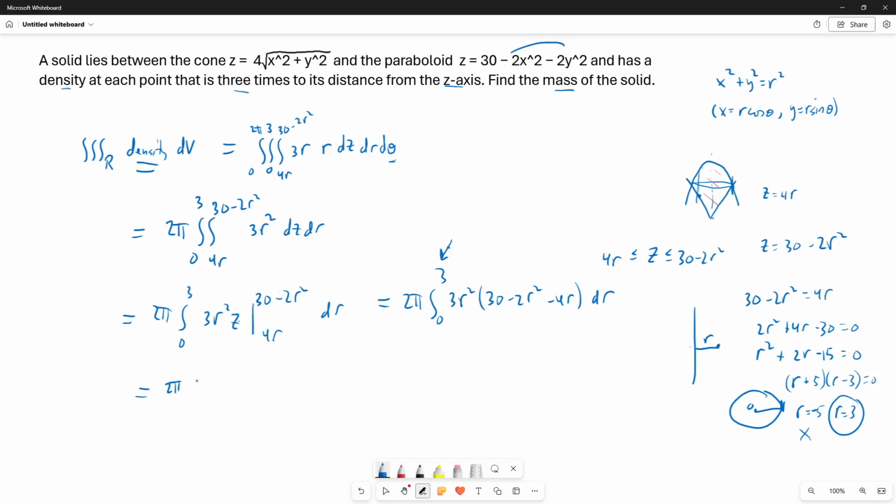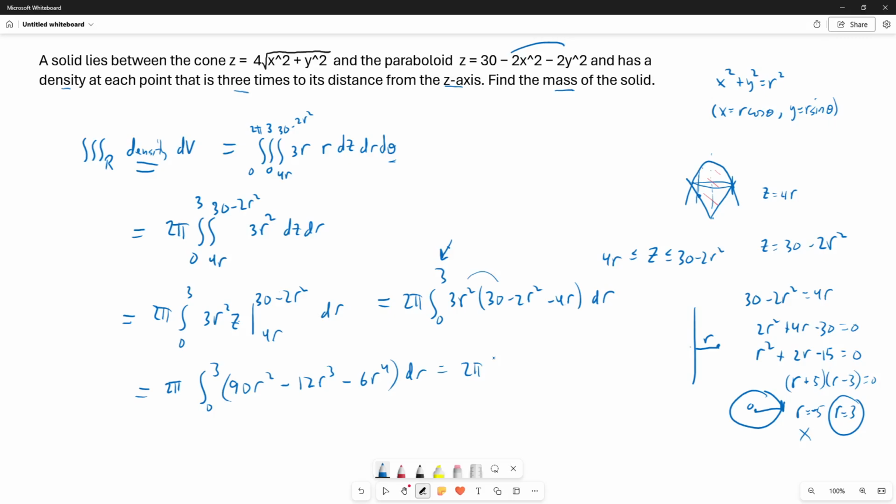So let's distribute the 3r squared, and we'll put the powers in increasing order. We have 90r squared, and then minus 12r cubed, and then minus 6r to the fourth.